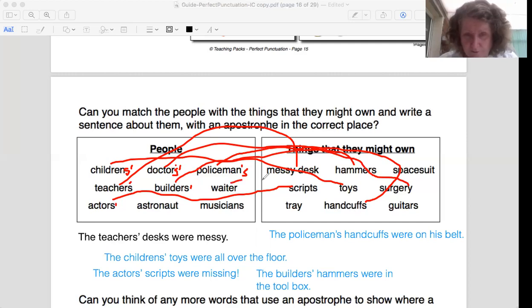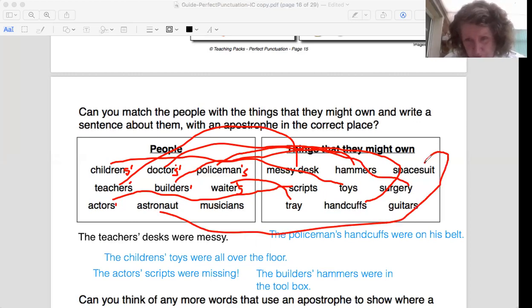We've got waiter's tray. I'm going to put an apostrophe here and just talk about one waiter. The waiter's tray, the tray belongs to the waiter. The waiter's tray was heavy. Okay, let's try astronaut. Let's go this way.